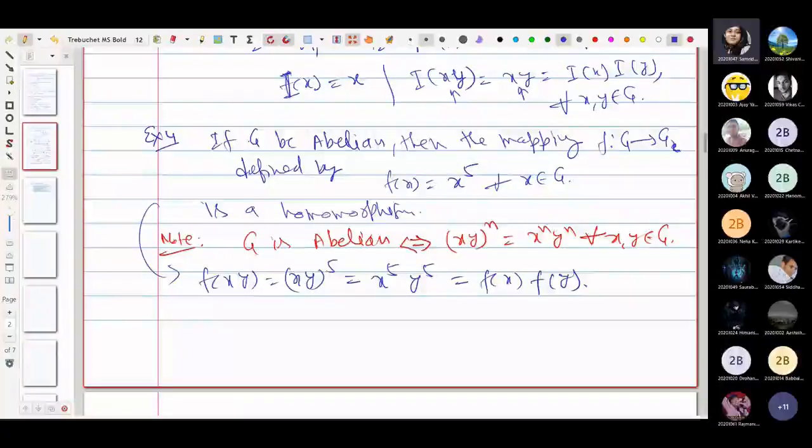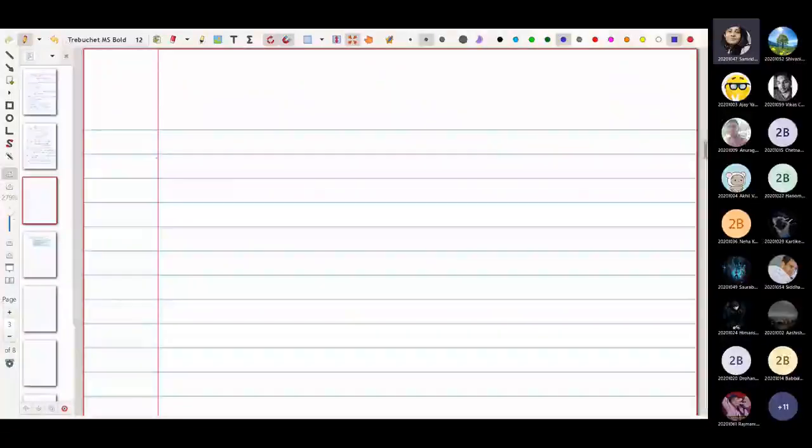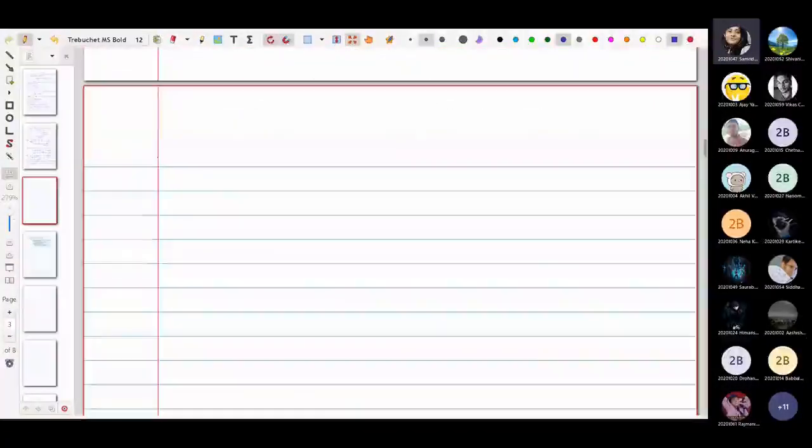So this means that this is also a homomorphism. But in general, if you change the power and G is not abelian, then what can we say about this? So for example, next example, if you define on some group, let us talk about R star, the set of non-zero real numbers, with the operation multiplication over it.